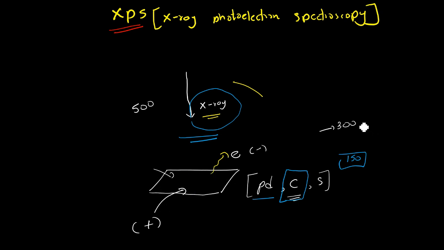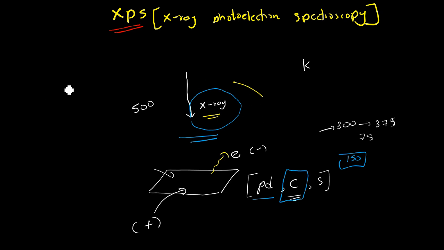Now the binding energy is not 300, it's like 375, right? So you need to consume an extra 75 units of energy from the initial value. So your final kinetic energy will be changed.